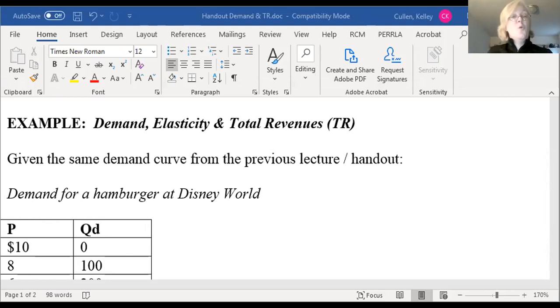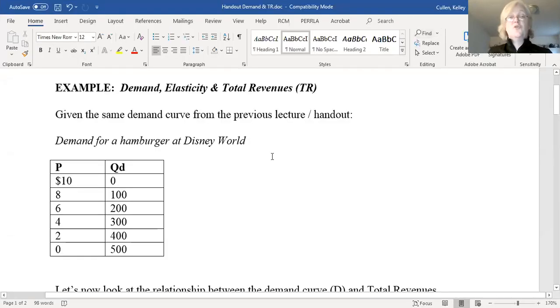I'm going to go to my Word document on demand and total revenues, and hopefully you can see this on your screen. This should look very familiar. This is the same exact problem that I did before when we were doing the elasticity between the points and we were using the midpoint formula.